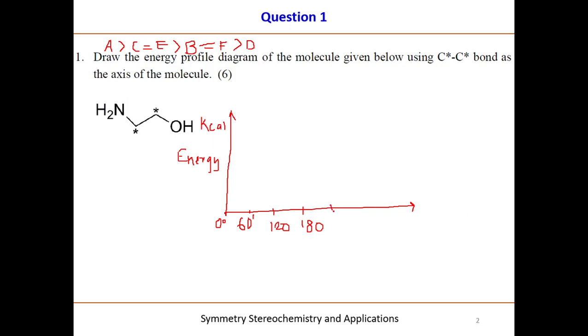So we will get this way, 240, 300, and 360 will be the same as 0 because it will have rotated completely by 360 degree.